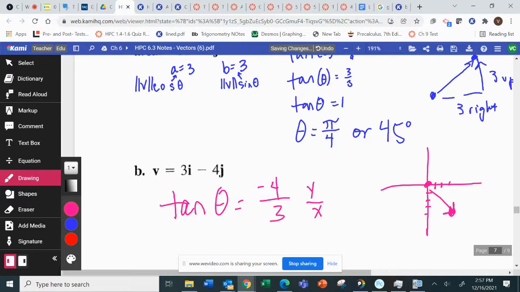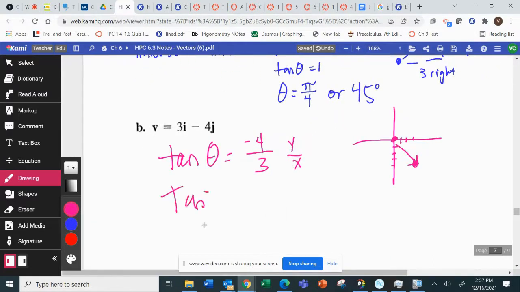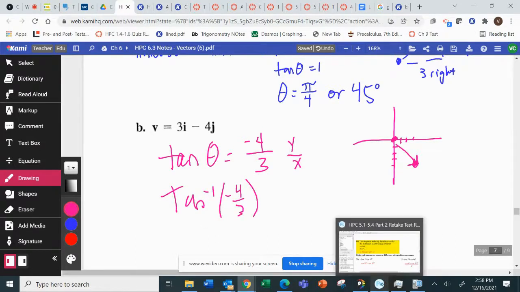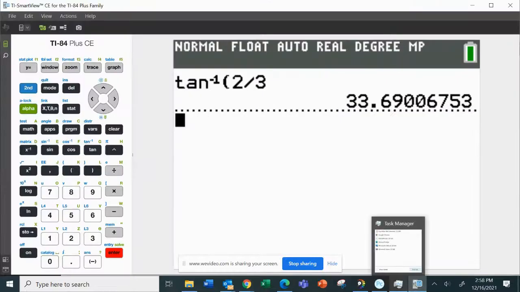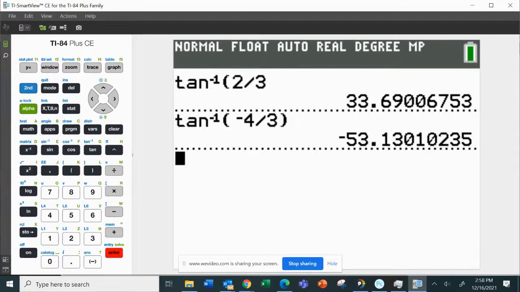We need to find the angle. This one we don't know, so we're going to have to use tangent inverse. And on our calculator, it's going to give us -53.13, but we have a problem.